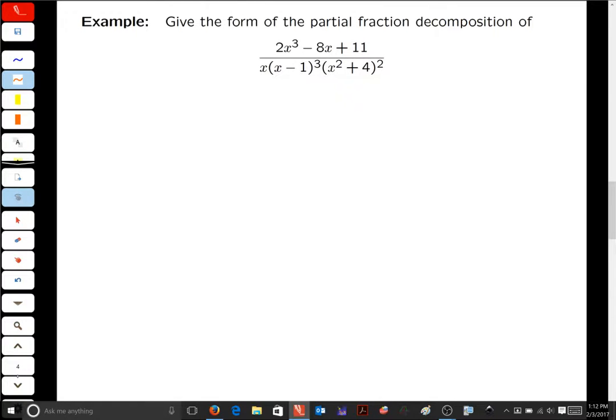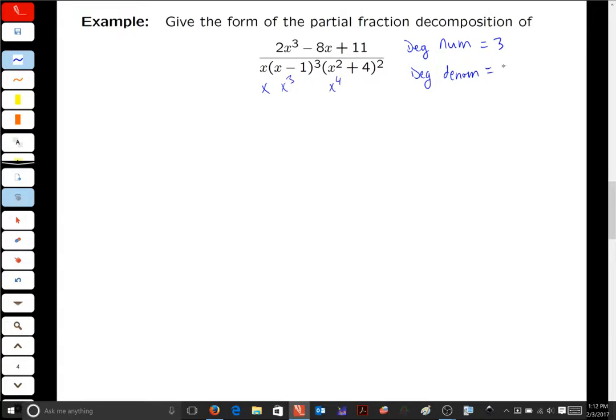Give the form of the partial fraction decomposition of this fraction right here. What is the degree of the numerator? 3. What is the degree of the denominator? So this would be an x cubed here, that's an x to the 4th, and that would be an x.